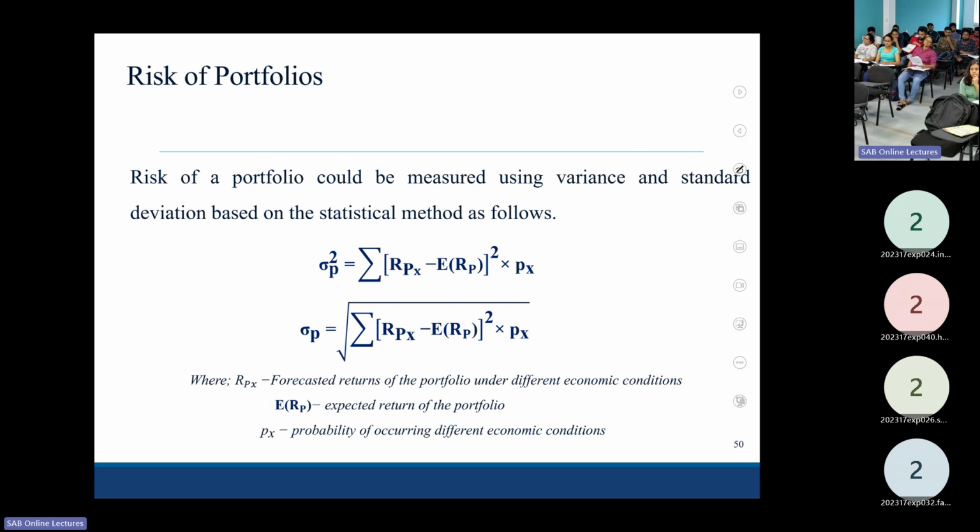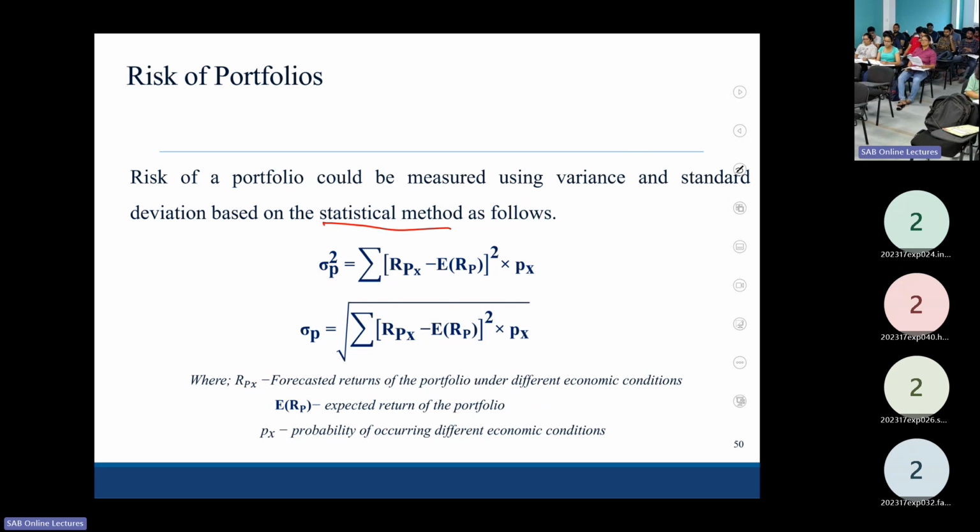Portfolio forecasted return under the state of economy 3, its deviation from the portfolio expected return, probability of happening in the third economic condition. So likewise, you can take them all and get the total, that is the variance. Square root of the variance is the standard deviation. So this is the statistical method to calculate the portfolio risk or the portfolio standard deviation.